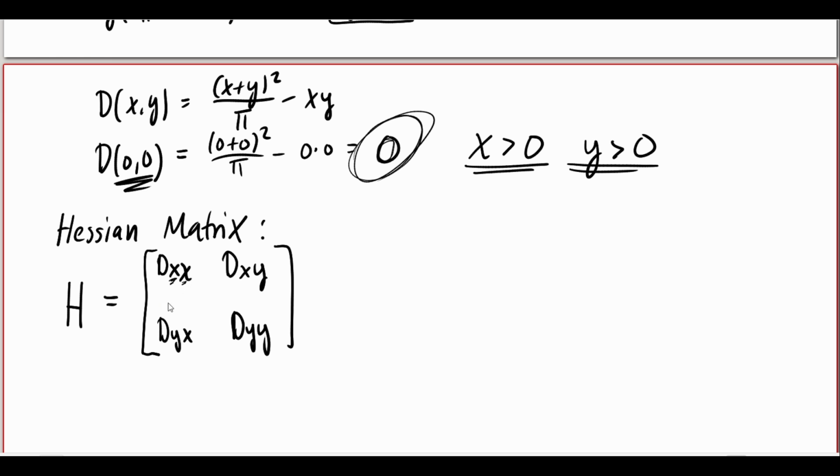For example, here we compute the derivative with respect to x first, followed by the derivative with respect to y. And here we start with y, and then we continue with x, and then we compute the derivative with respect to y, followed by y again.